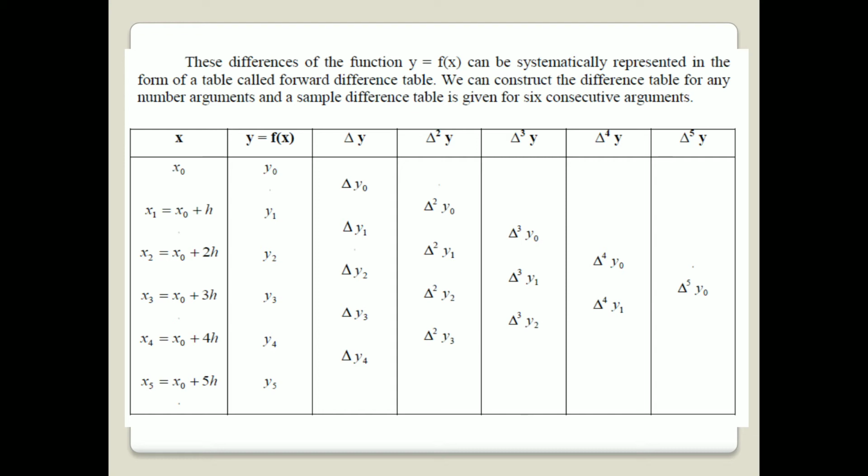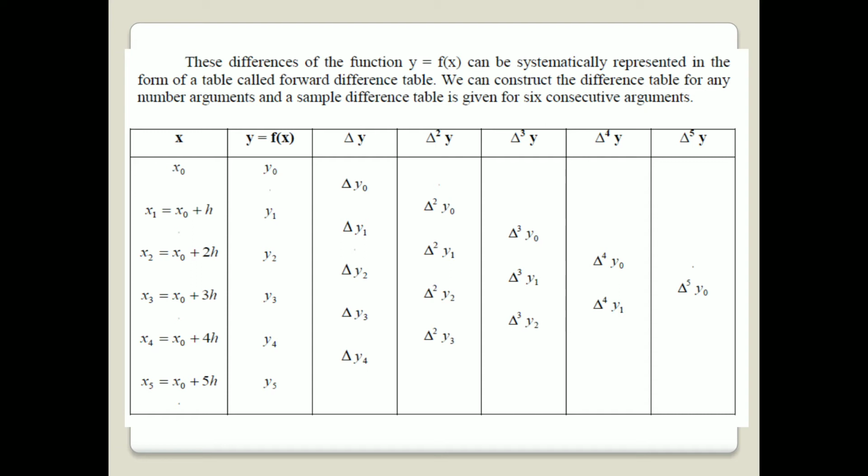In the third column, we write the first forward differences of y. So delta y0 stands for y1 minus y0, that is, second value minus first value. The next first forward difference is denoted by delta y1, and it is the third value of the second column minus the second value of the second column, that is y2 minus y1.